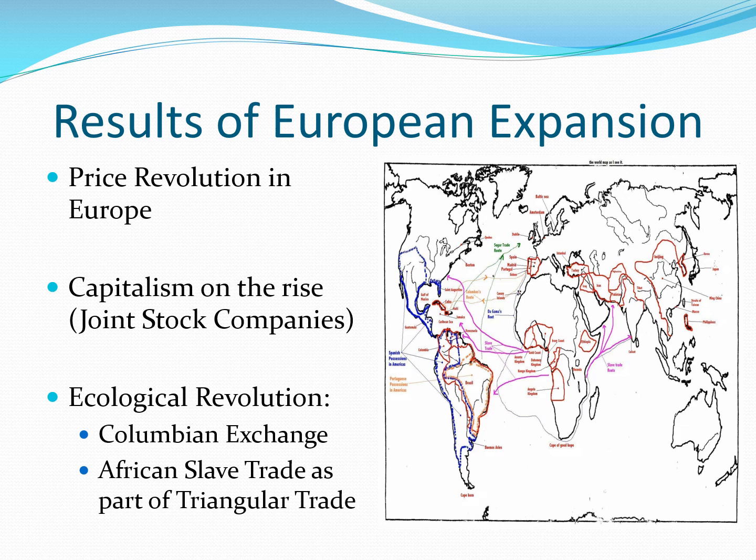So now let's discuss some of the results of this European expansion. One of the major results that happens in terms of what's going on in Europe is we have the beginning of a price revolution in Europe. A price revolution ultimately refers to the impact this will have on the economies of the European nations.